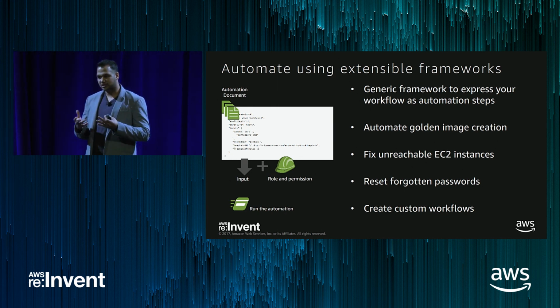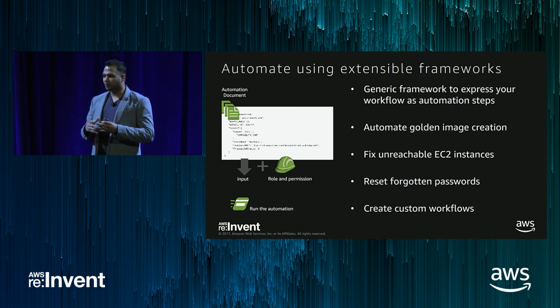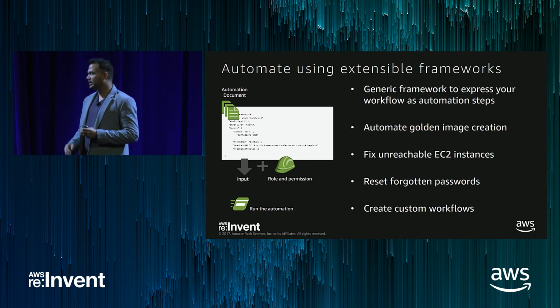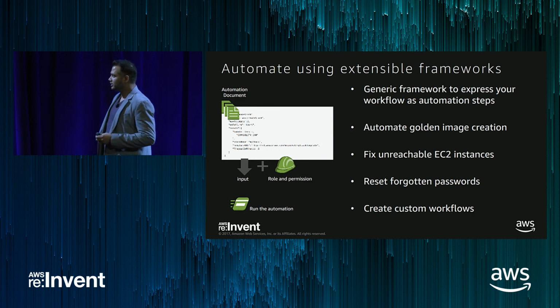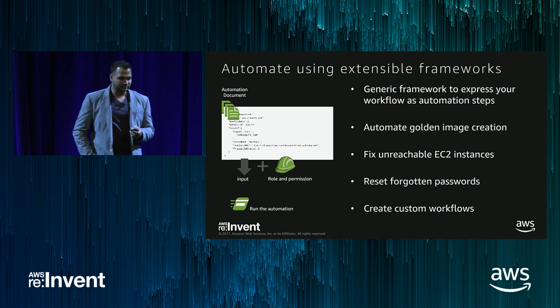Can we automate that image creation process? So to make sure we can have the policies and the security configurations, everything pre-configured in that environment. Like simple tickets like fixing unreachable EC2 instances, resetting forgotten passwords, or creating a custom workflow. All of this can be automated using this framework.